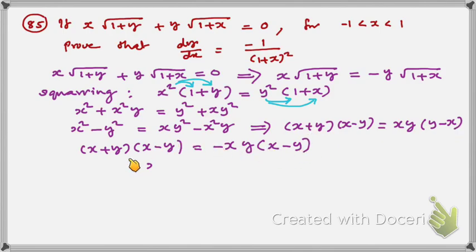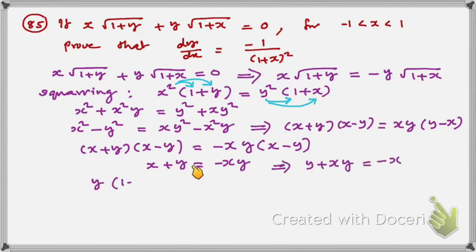You can then cancel x minus y and x minus y from both sides. So you'll have x plus y is equal to minus xy. And then I choose the two terms in y and put them together on the left side. Because I'm trying to find out y, I keep y on the left side, bring minus xy to the left side. So y plus xy.